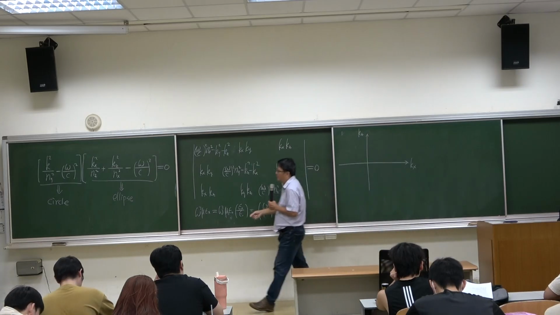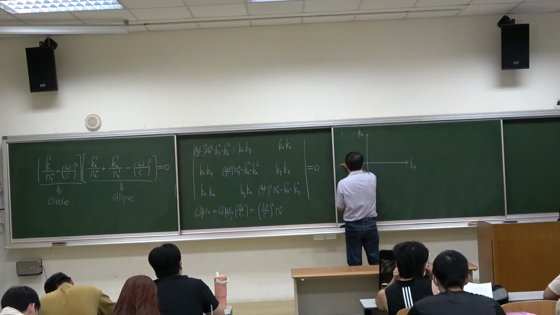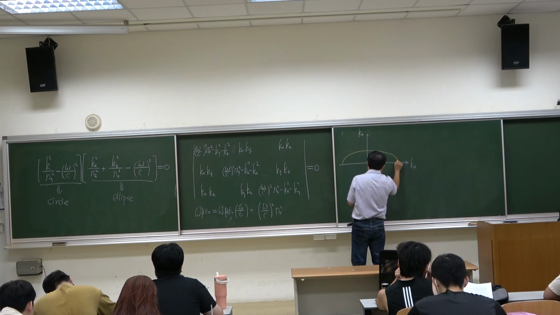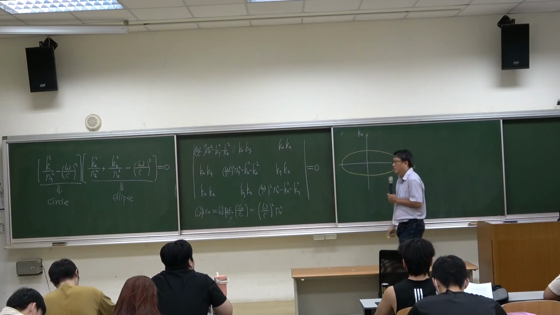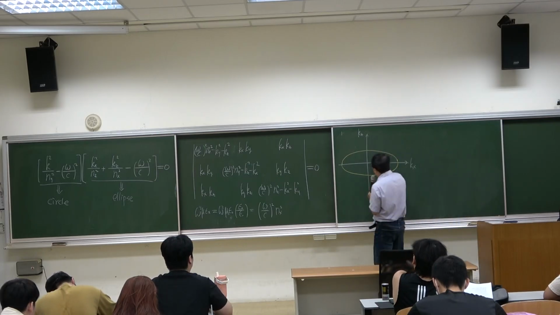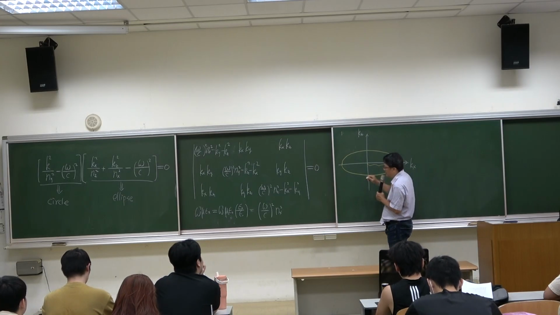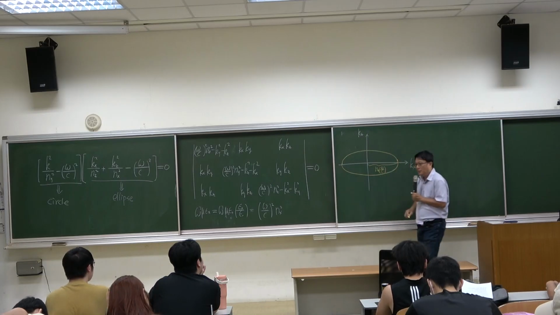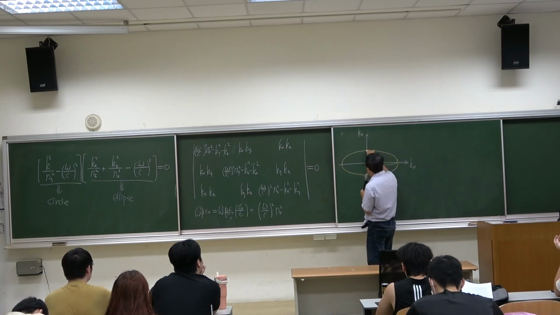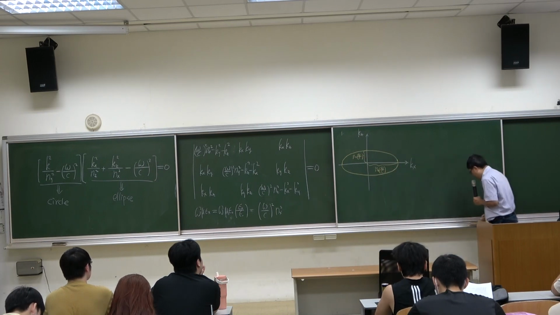Now this ellipse has semi-major axis equal to nz omega over c, and semi-minor axis equal to nx omega over c.